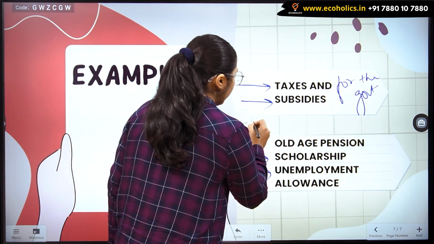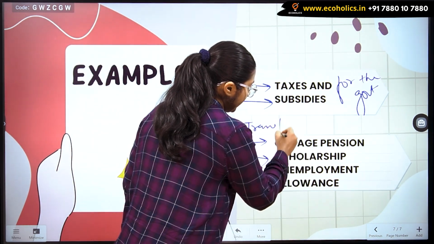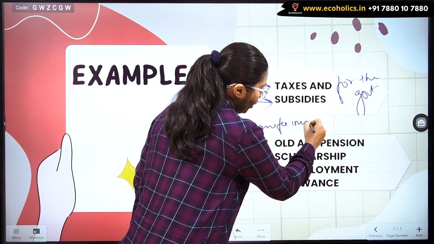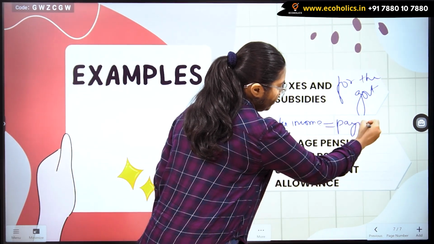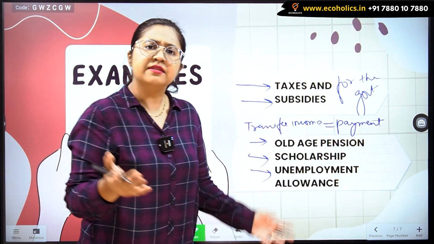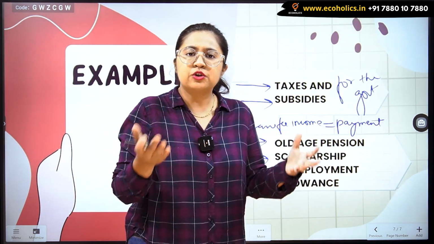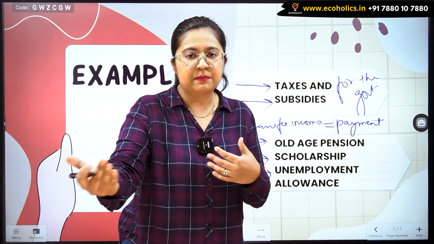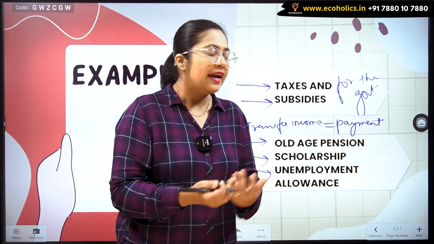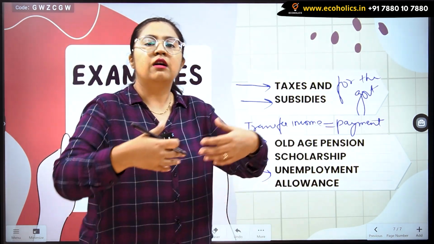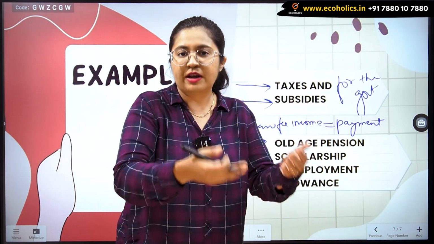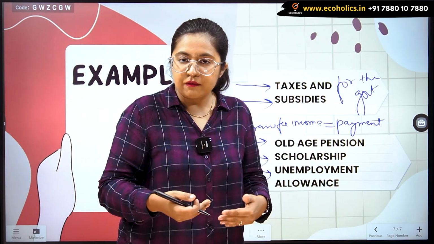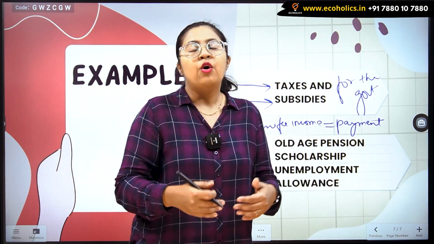If we talk about transfer income or transfer payment, both are the same. It's just that someone who has an inflow of transfer amount, that's transfer income for that entity, individual or business.